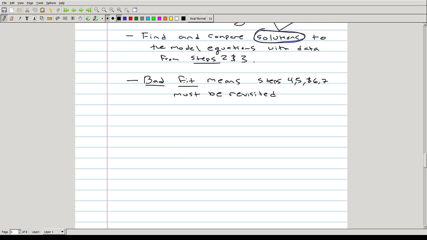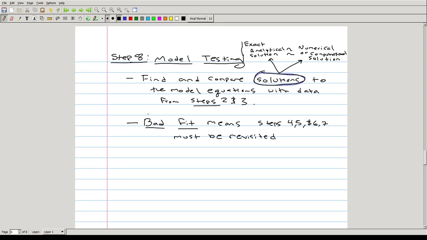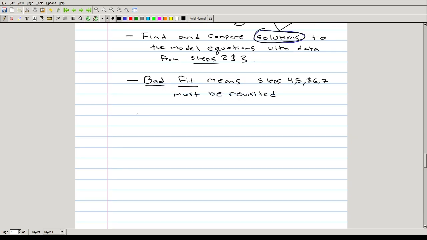Once you have a working model, and you're sufficiently sure that you've done step 8 and you've tested your model, step 9 is an investigation of your model limitations and constraints in the model.